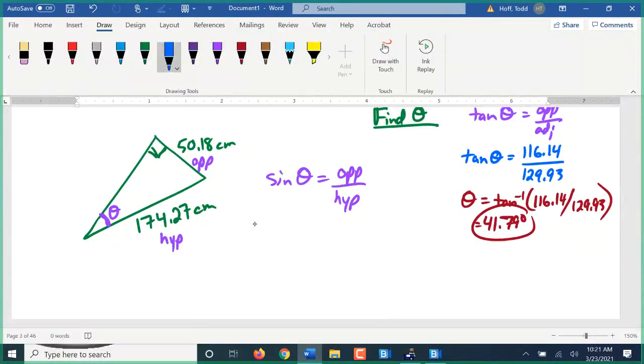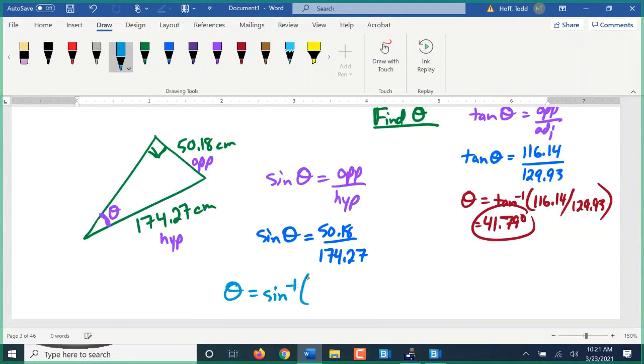If I insert my information, I still don't know the angle, so I leave in theta. Opposite side is 50.18, hypotenuse is 174.27. We are looking for the angle, so we use the inverse trig function: inverse sine of 50.18 divided by 174.27.